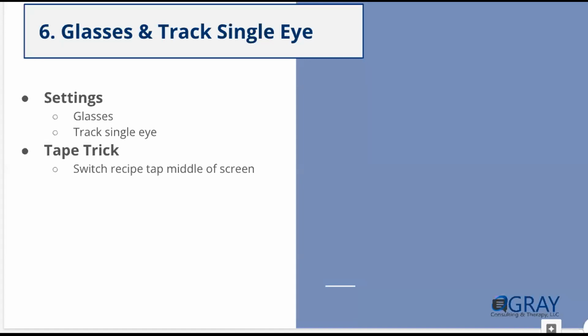The last kind of tweak that I might do for the eye gaze device is looking at the individual's glasses. So most of the companies offer some kind of setting where you check off like, oh, this individual's wearing glasses. I have questions about what that setting actually does.